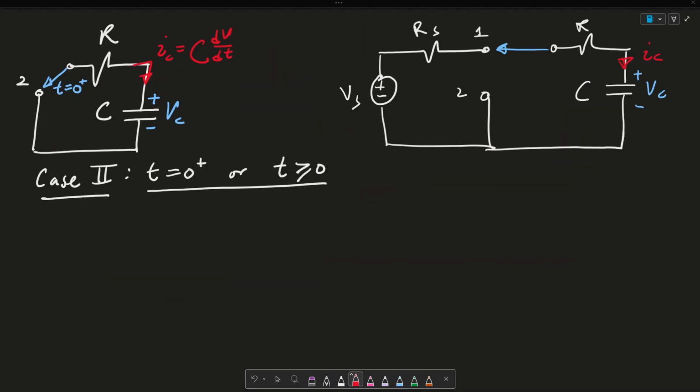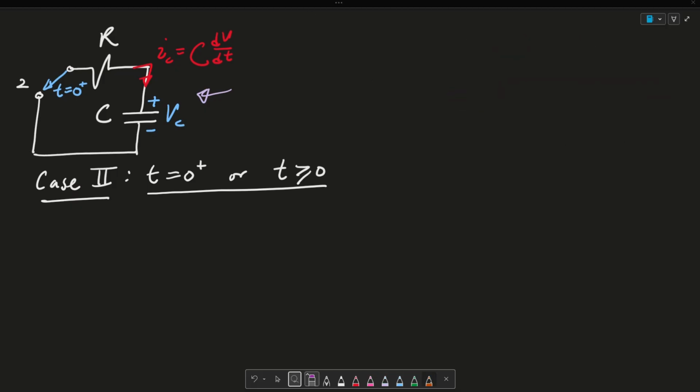The second case is a situation where we move this switch from position 1 to position 2. So essentially now it's facing here as located in this circuit. Let's go ahead and analyze this circuit on the left-hand side. What we can do here is write a KVL.